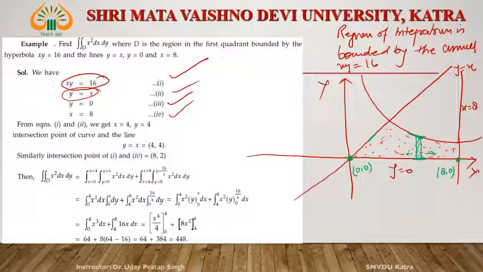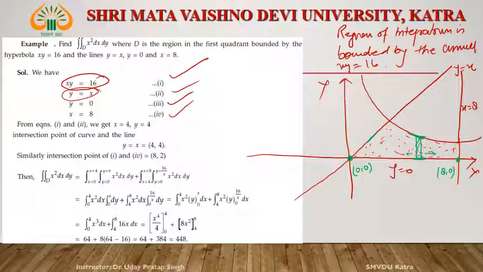It means the upper portion lies on the hyperbola for some time and on the straight line for some time.